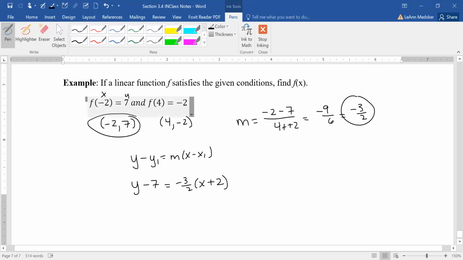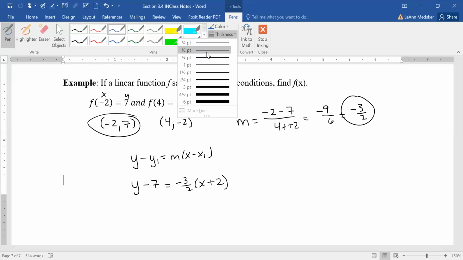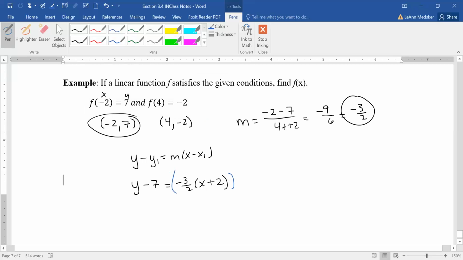And you could technically distribute this if you want. I like to multiply both sides by the denominator and get rid of the fraction. So I'm going to multiply both sides by 2. So this would be 2y minus 14 equals, that's going to be just -3 to distribute. So that's going to be -3x minus 6.